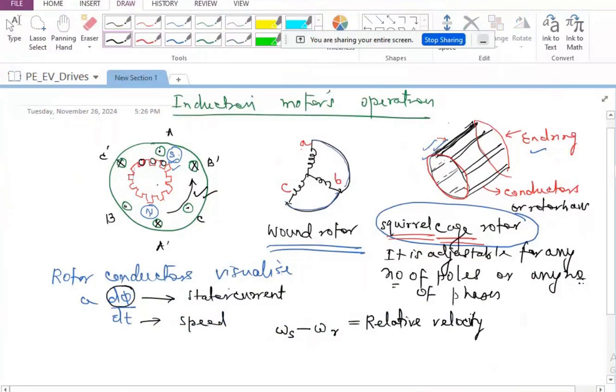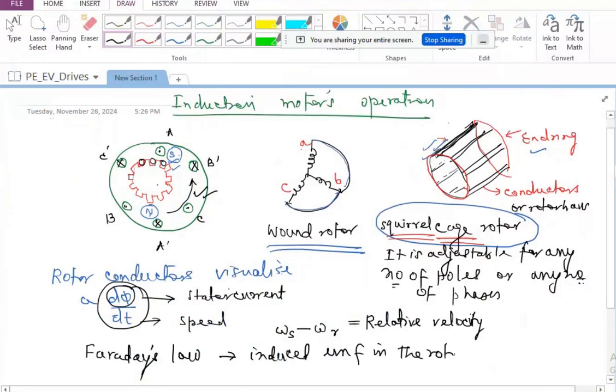So when the rotor is in stationary condition and there is a revolving magnetic field rotating at 3000 rpm, for example, for a 2-pole 50 hertz machine, the rotor conductors are going to see a huge dφ/dt. So as per Faraday's law, there will be an induced EMF in the rotor conductors.